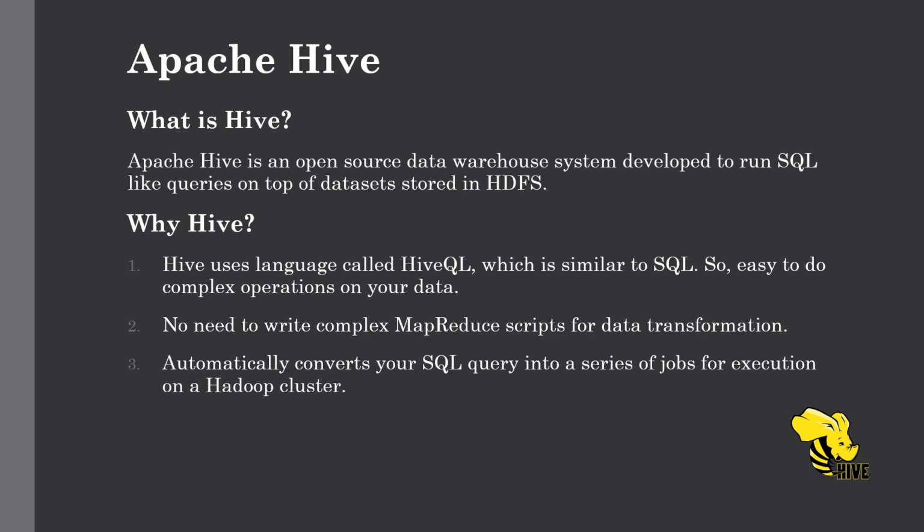You can simply submit SQL queries and do all the aggregations, sorting, as well as different filtering on your data. The next one is it automatically converts our SQL queries into a series of jobs for execution on your Hadoop cluster.